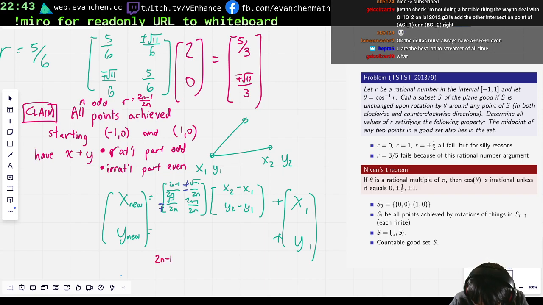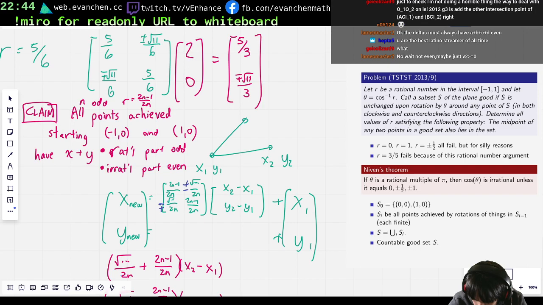Right, so it's like 2n minus 1, 2n. This is one part, and the other contribution in mod 2 is, and we're given that maybe not even, just v2 at least 0.